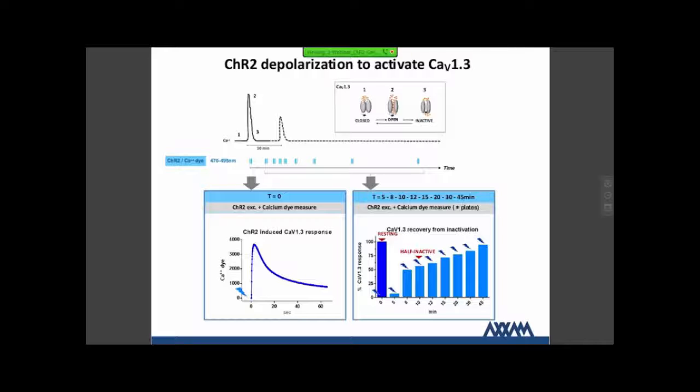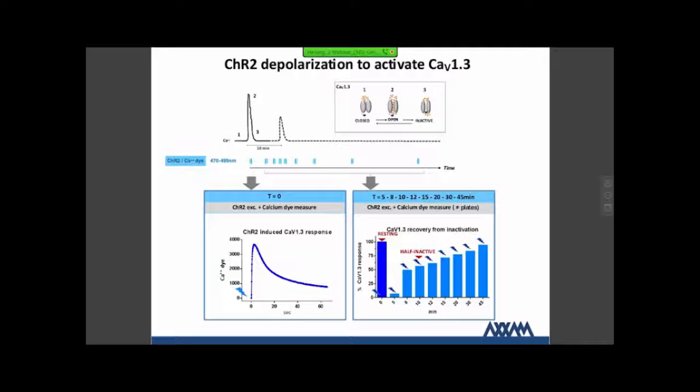So the Cav1.3 channel will still be in inactivated form. But if you wait a certain amount of time, for example, if you repass your plate 10 minutes after the first stimulation, you can see that about 50% of the Cav1.3 channels are still in inactivated form.